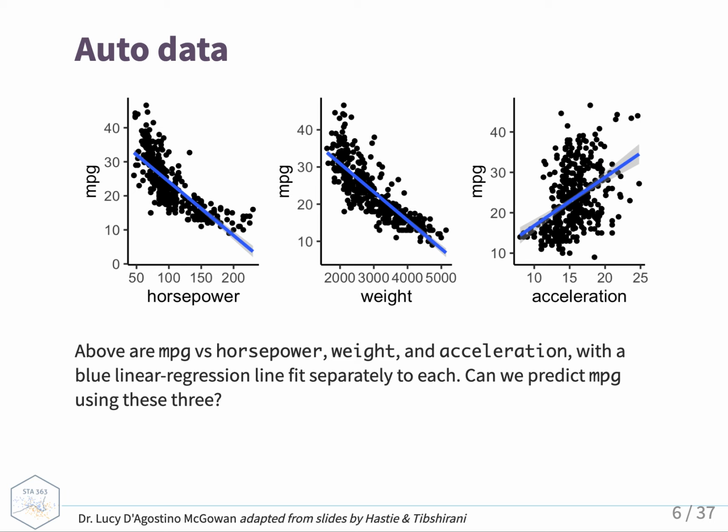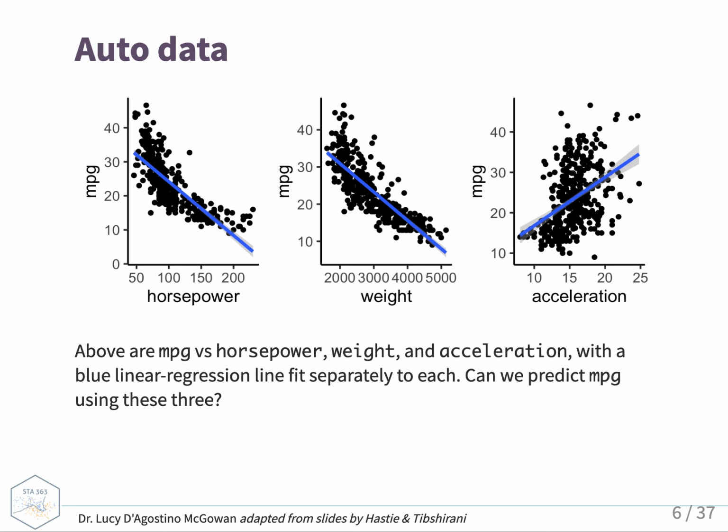This is a regression problem because miles per gallon, our y variable, our outcome variable, is continuous, it's quantitative, it has multiple continuous values within some range rather than categories.